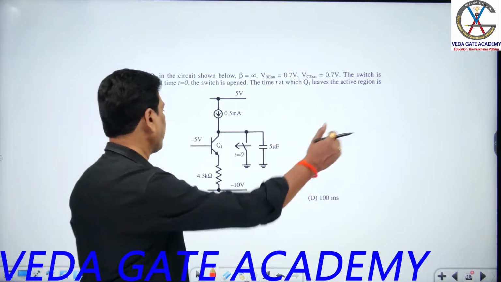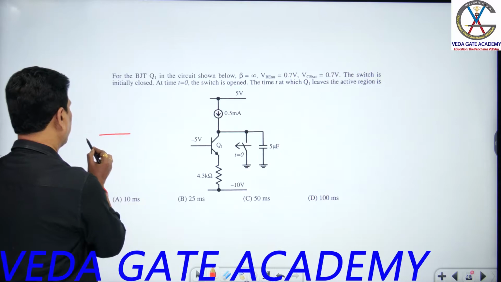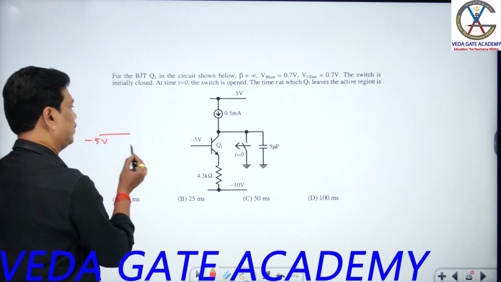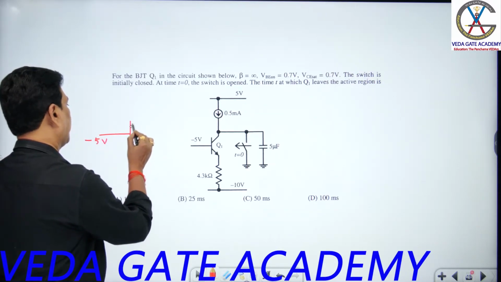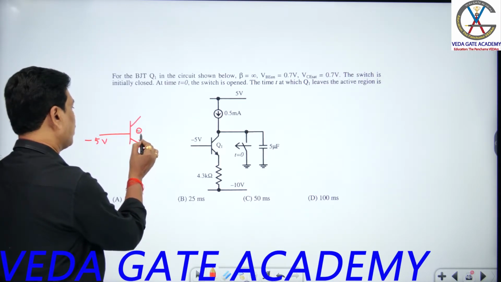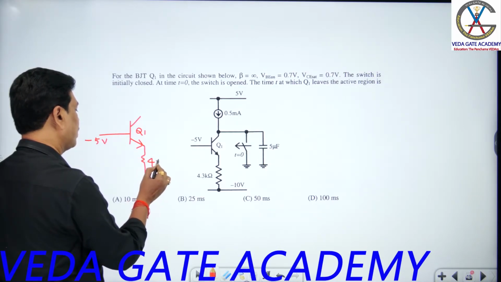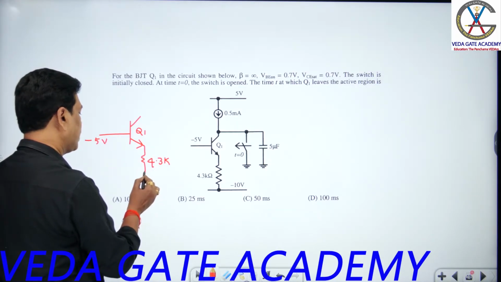I can redraw the circuit, students. This is the minus 5 volt supply. This is the transistor Q1, and here it is 4.3 kilo ohm. The emitter bias is minus 10 volt.